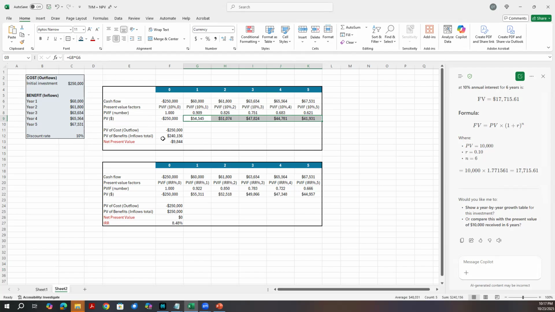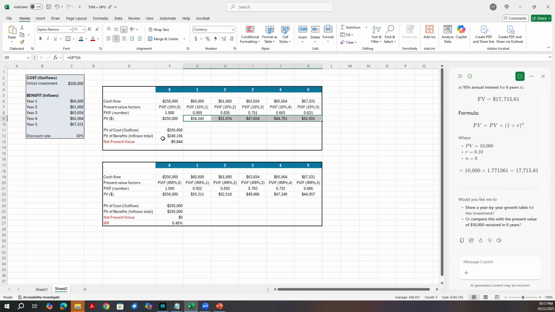Now let's reframe the question. If it was 10%, I can't make the investment, but at what rate will I be okay with this investment? One way to think about it is in break-even terms: at what rate of return will the NPV become zero? It's not positive, it's not negative.